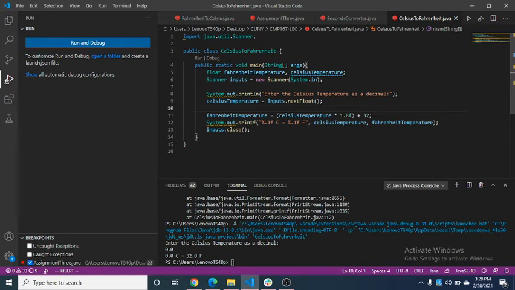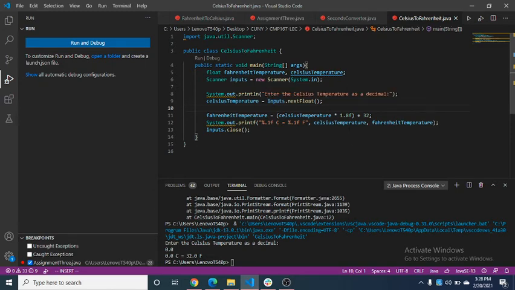That's how you would go about approaching a problem. But this particular problem, I just flipped it. The assignment wanted Fahrenheit to Celsius, but we're doing Celsius to Fahrenheit.